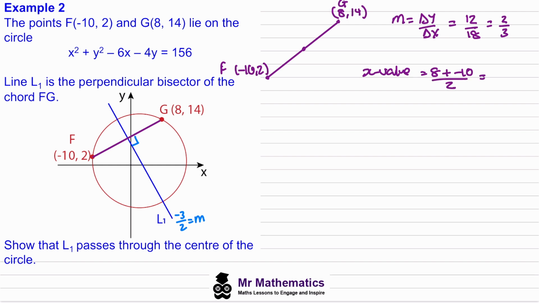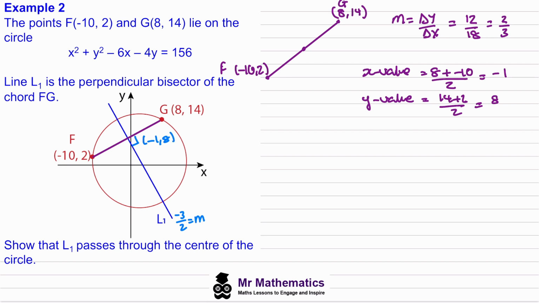So -2 divided by 2 gives us -1. And the average y value will be 14 plus 2 divided by 2, which gives us 8. So now we know that the point (-1, 8) must lie on the line L1.